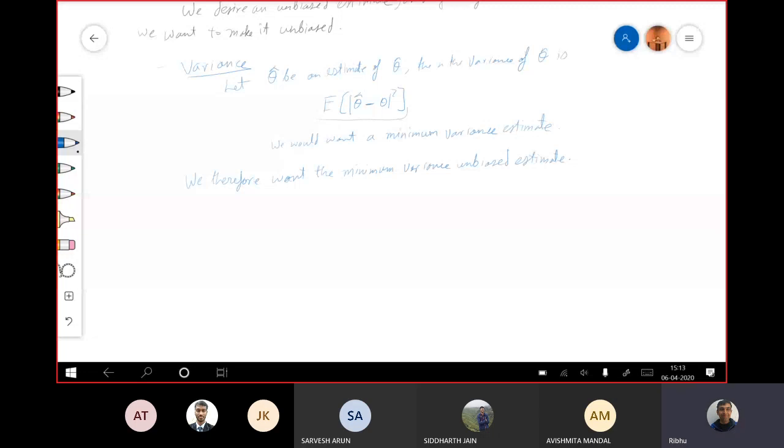Let's try to answer this. Consider xk to be having a mean A and a variance sigma square, with A being deterministic and unknown.